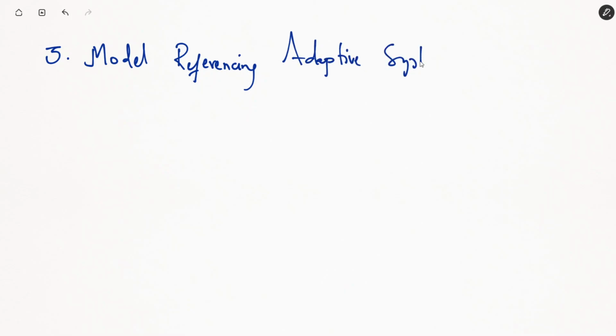So the third type of sensorless control strategy that we'll be studying is the model reference adaptive system. So the speed can also be calculated using an MRAS, model reference adaptive system.